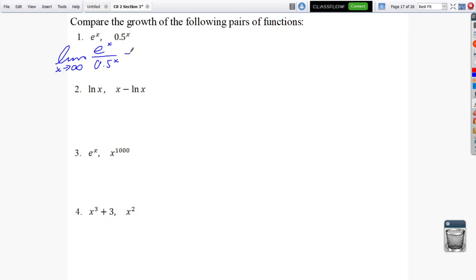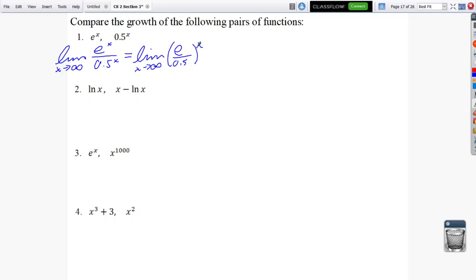The way that I like to tackle these problems, I like to use my properties from Algebra 2 instead of using L'Hopital's rule, because L'Hopital's rule is just going to put me into an infinite loop of taking these derivatives over and over and over again. So I look at this as the limit as x approaches infinity of e over 0.5 to the xth power.